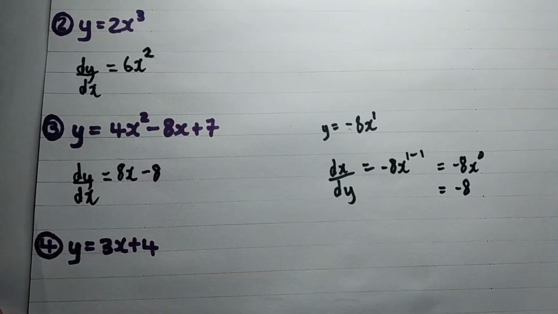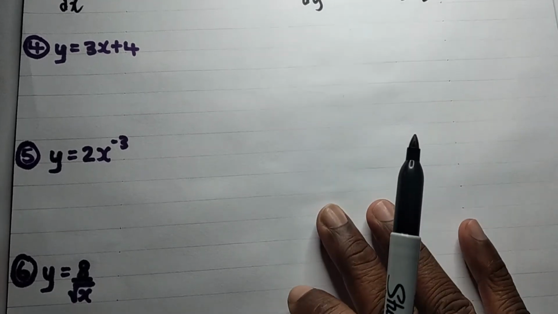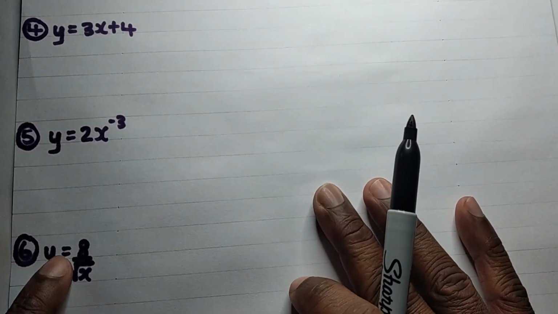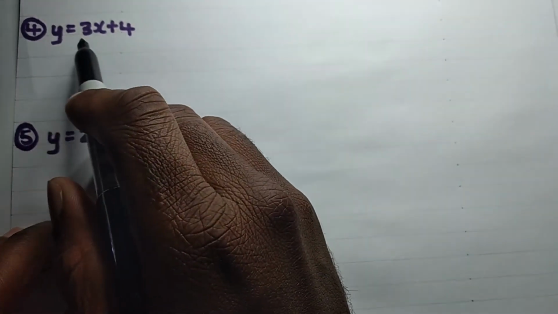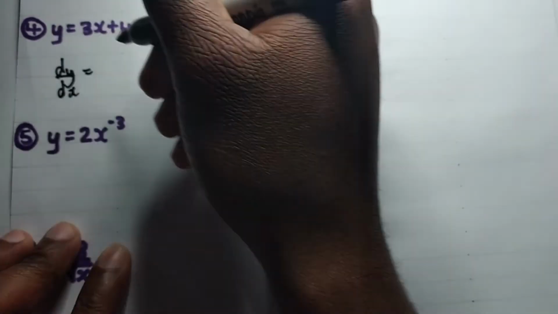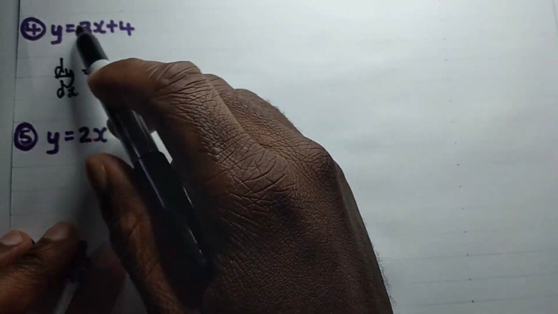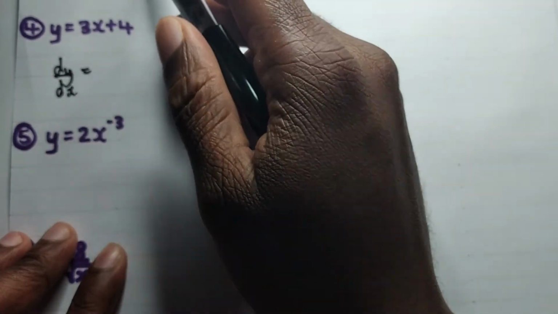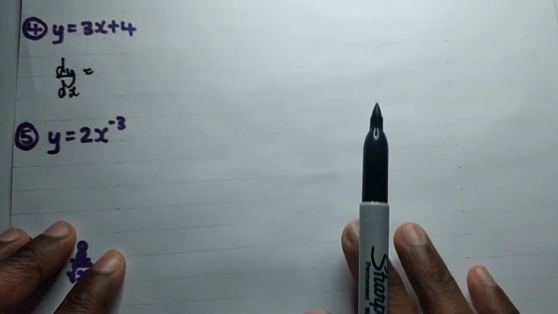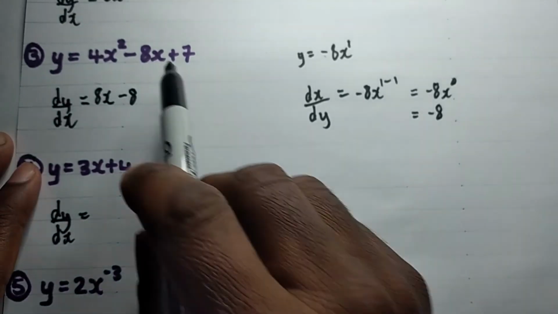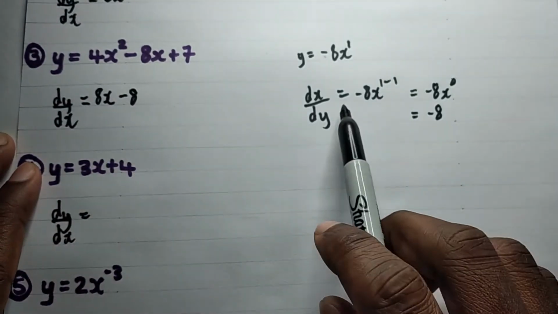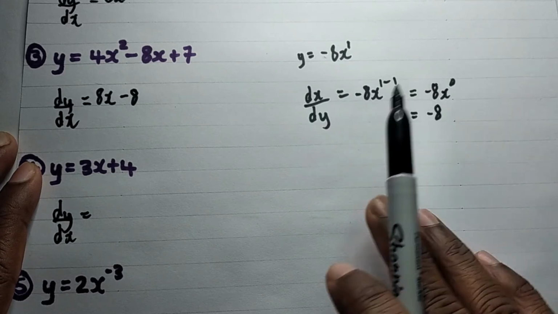Now here we have example 4. We have y equals 3x plus 4. So dy by dx would be equal to, if we differentiate this, the same thing applies as with the negative 8x up here, as we explored before.